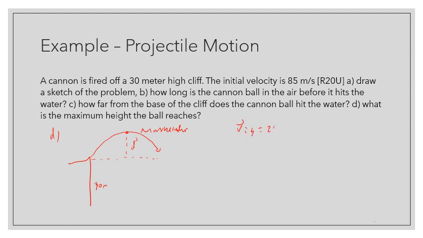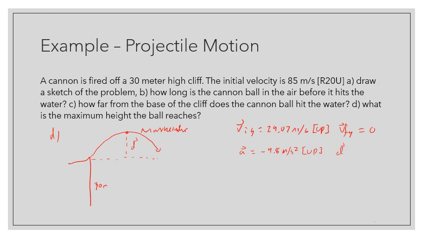We know that v_iy is equal to 29.07 meters per second up. And we know that v_fy, since this is the maximum height, is equal to 0. We also know that acceleration is equal to negative 9.8 meters per second squared.